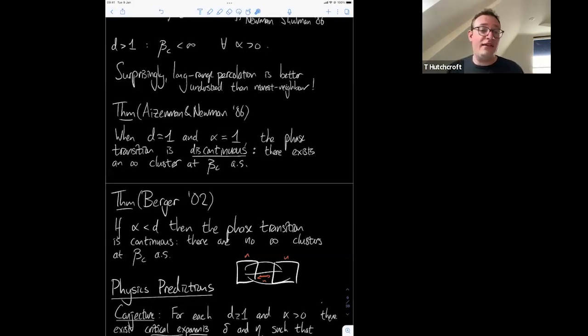On the other hand, we believe that in dimensions 2 and higher you always have a continuous phase transition. But in general dimension, Noemberger's result is optimal because of a result of Aizenman and Newman that in 1 dimension with alpha equals 1, you get a discontinuous phase transition where the infinite cluster emerges all at once.